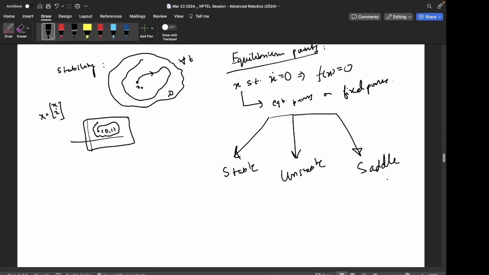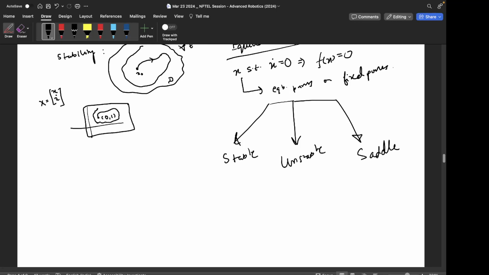Again, I will not go into very rigorous mathematics of these, but I will motivate and intuitively give you an idea. So for stable equilibrium, thinking of the variation of x, if this is the plot of x, then x dot is 0 here, right?